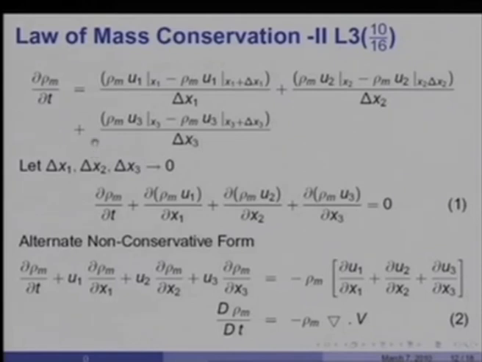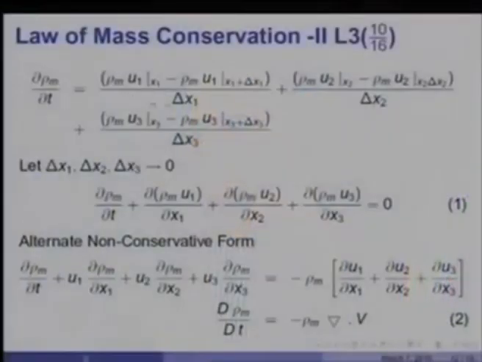And if I now let each of these delta x1, delta x2, delta x3 go to 0, that means making the control volume extremely small, or infinitesimally small, and then each of these expressions would simply get converted to a partial derivative.